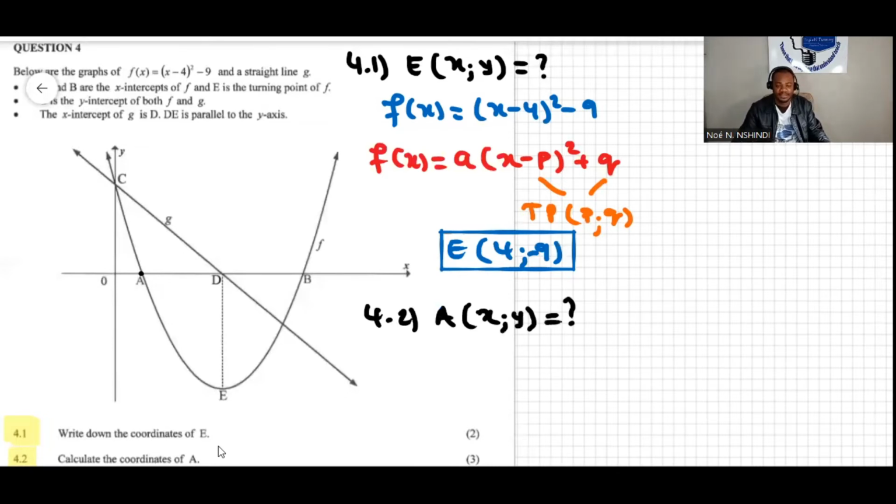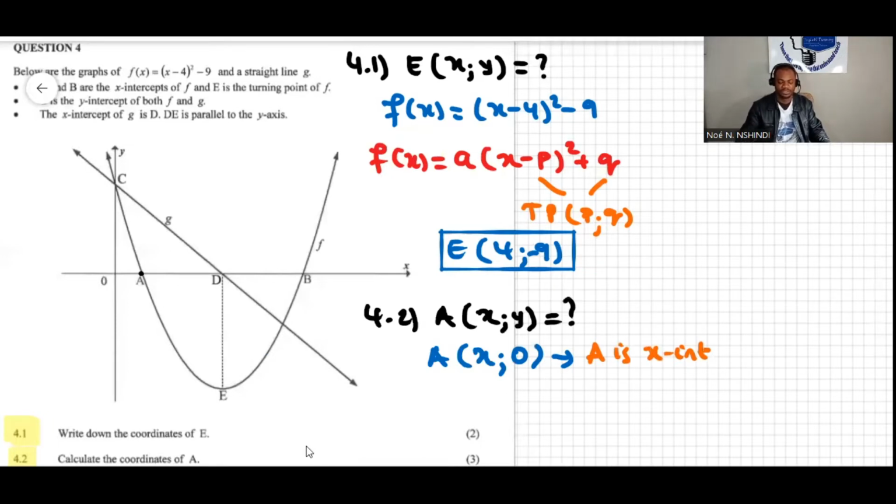I say A is an x-intercept, therefore the y value is 0. So that's going to be x, 0, because A is an x-intercept.